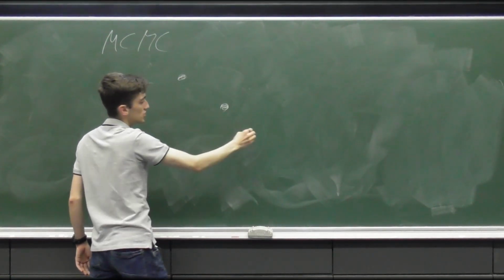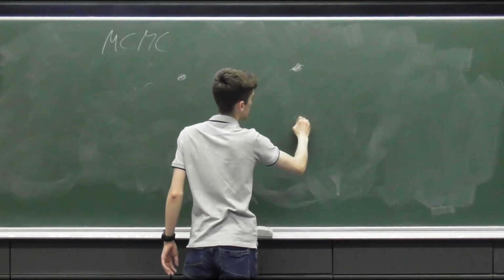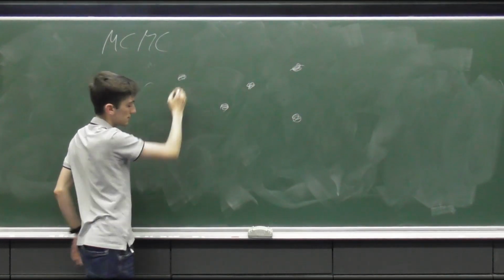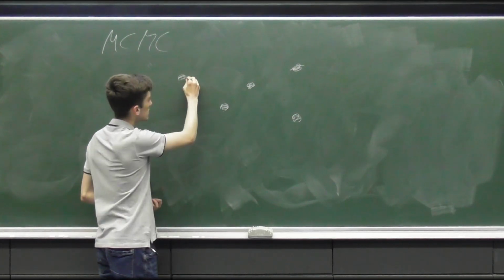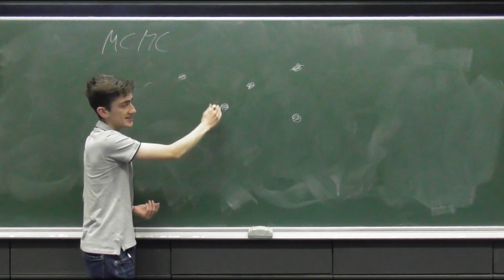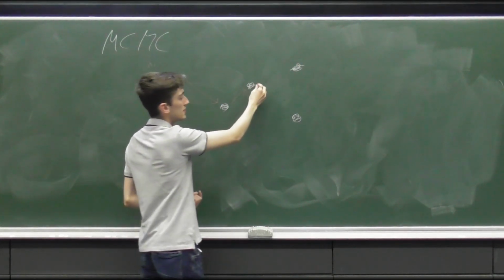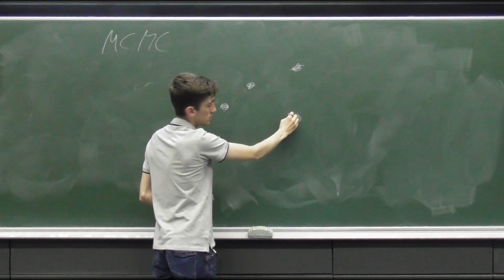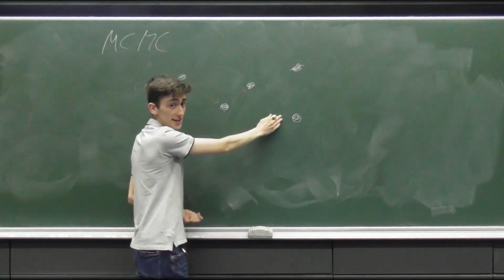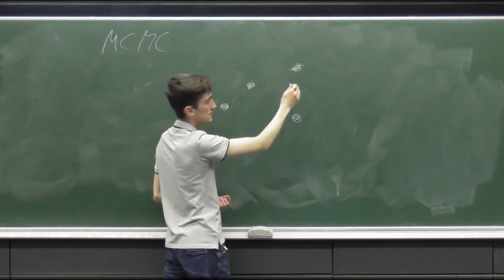So if we imagine each of these dots as a state that we check, we move from one state to the next, we accept, move to the next, accept, and then we reject this state, but accept this state.